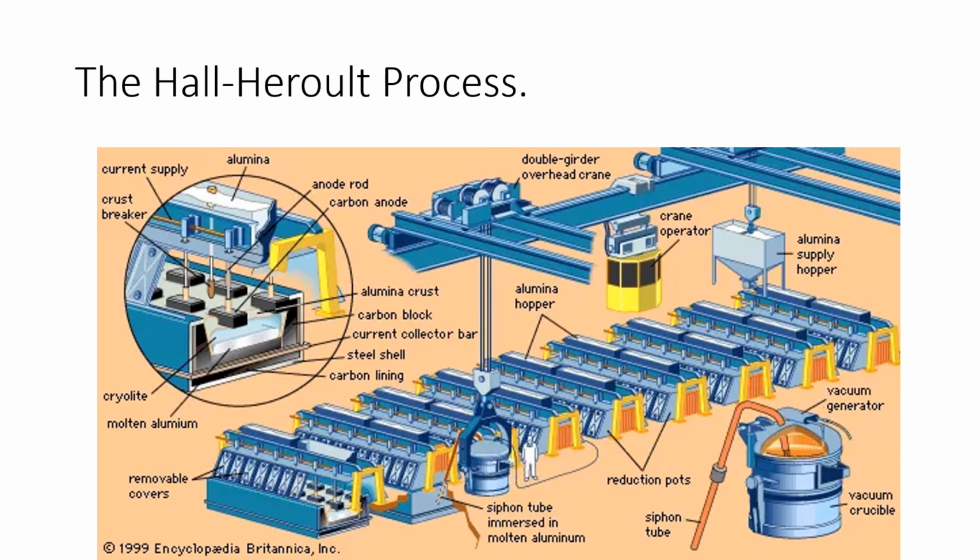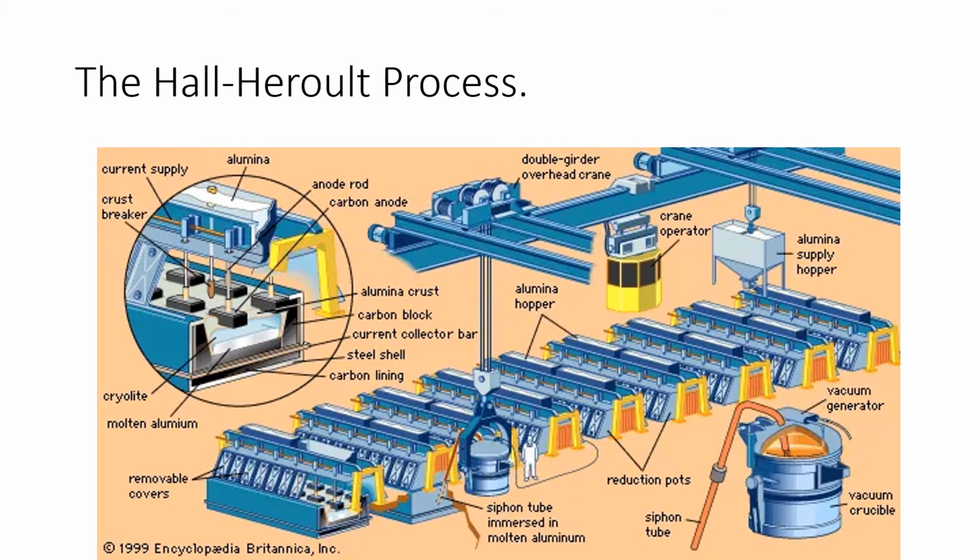A direct current of 4 to 6 volts is passed through the solution. The resulting reaction breaks the bonds between the aluminum and oxygen atoms in the alumina molecules. The oxygen that is released is attracted to the carbon rods where it forms carbon dioxide. The freed aluminum atoms settle to the bottom of the pots as molten metal.